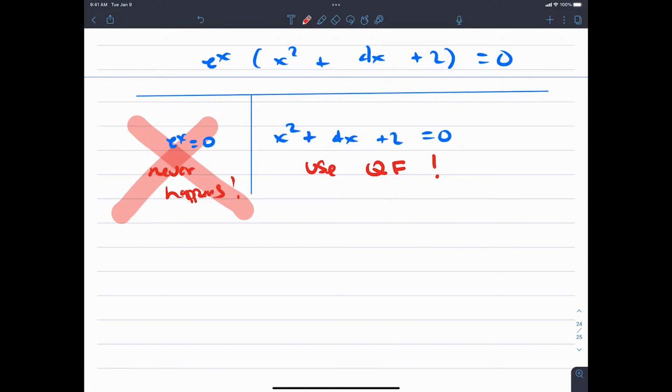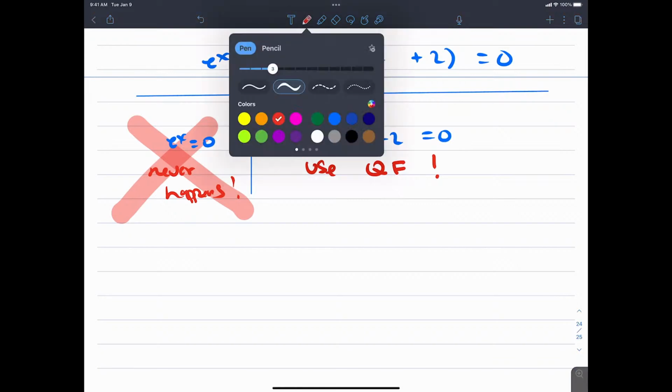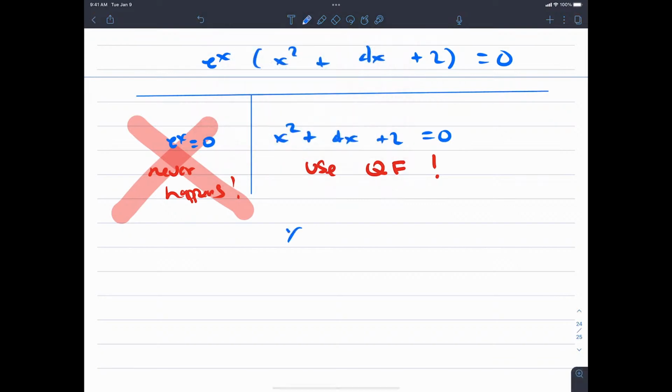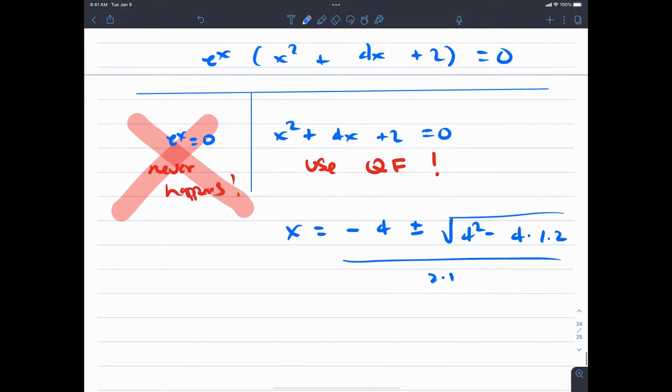Hopefully you don't get imaginary numbers. Is that true? What do you get? You guys know? x equals negative b plus or minus square root of b squared minus 4 times 1 times 2, everything over 2 times 1.